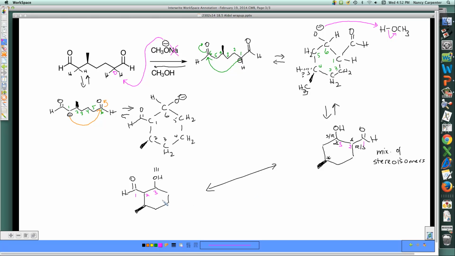And so if I wanted to make, say, this molecule by an aldol from this particular starting material, it'd be a pretty bad deal because I'm going to get pretty darn close to a 50-50 mixture of this isomer and this isomer because there's nothing favoring one over the other. It's not going to be exactly 50-50, but it's not going to be a pretty sight. So that's an example of an intramolecular aldol reaction that doesn't work very well.